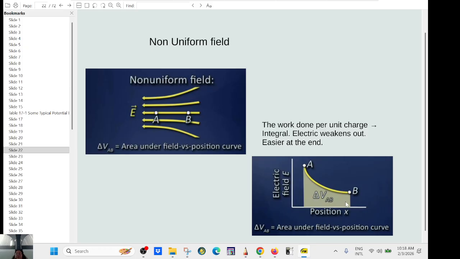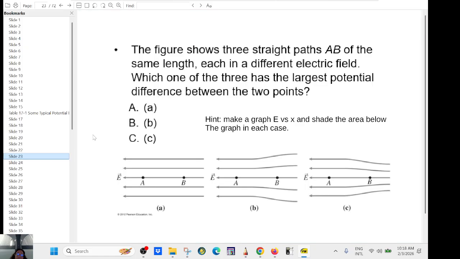We have seen that just before. Okay, so it's a work done. Work done is force times displacement. The force is the electric field. The displacement, you can divide this distance here in small segments. Agree? Right? It's not that hard.